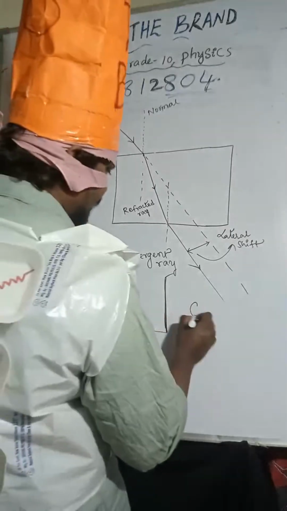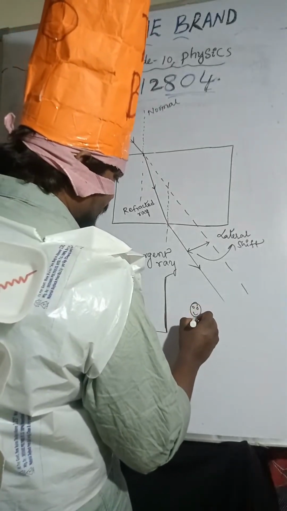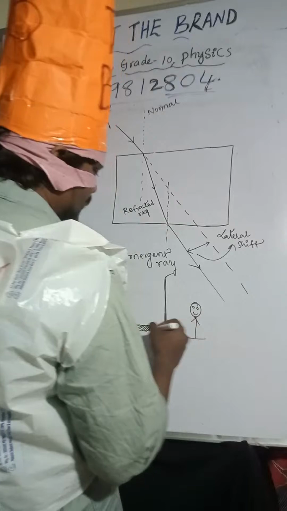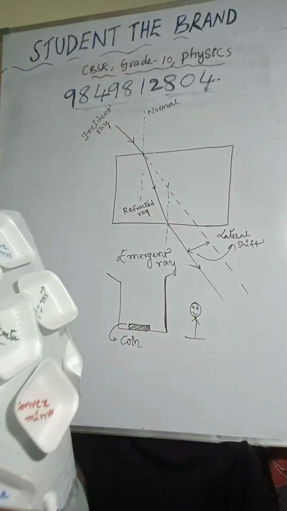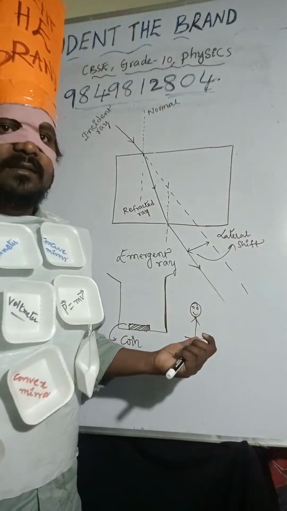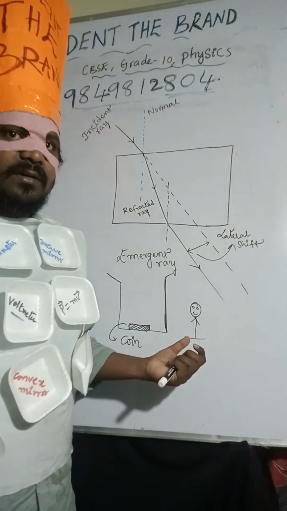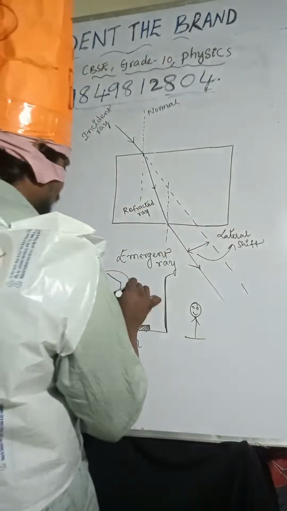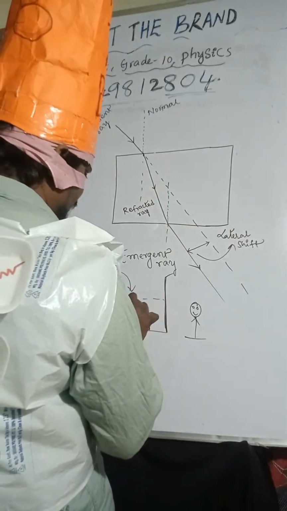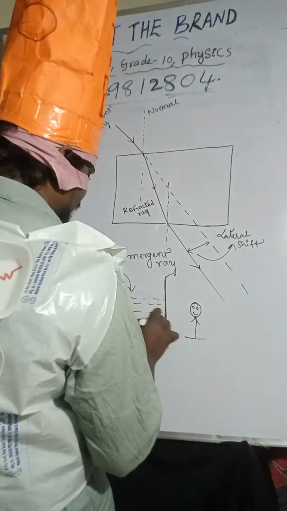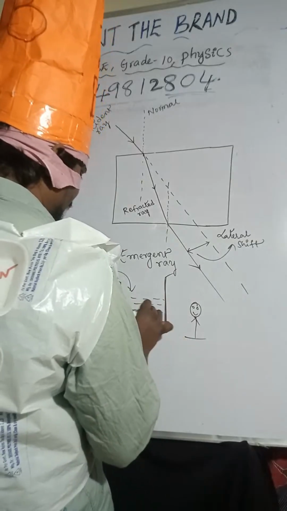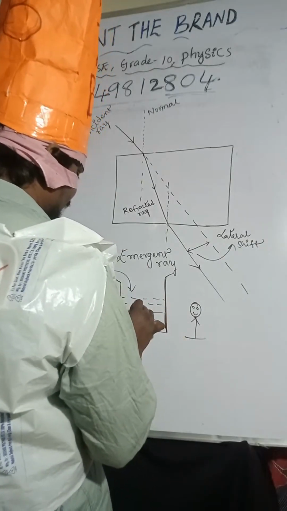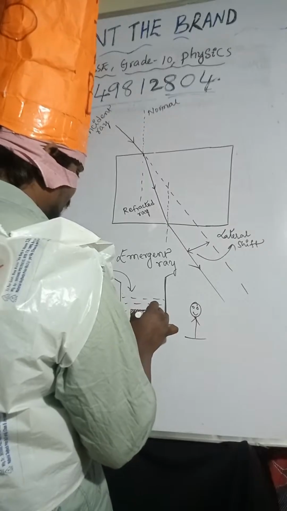You are standing here, you can't see the coin at this position. After pouring water, the coin position appears here.